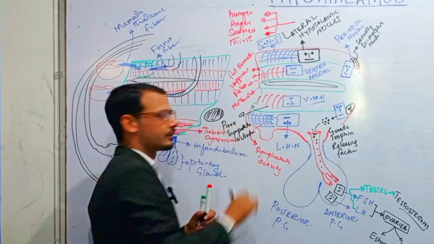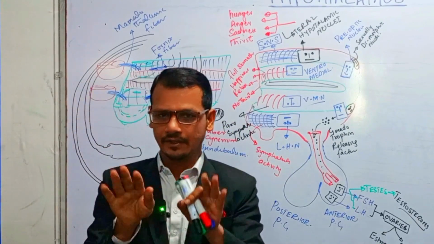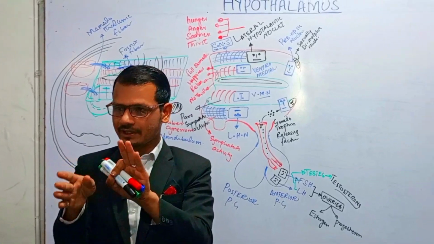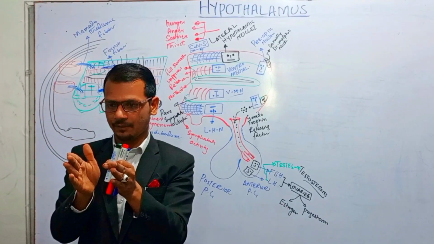As I have told you, sympathetic and parasympathetic are activated 50-50 in our body every time, right?